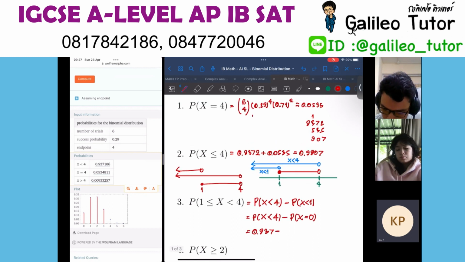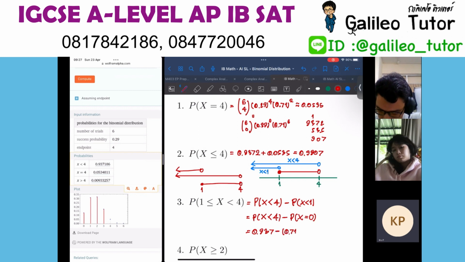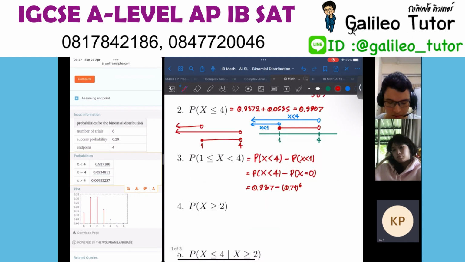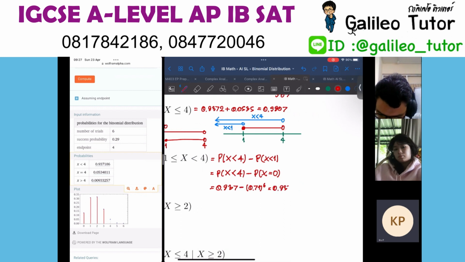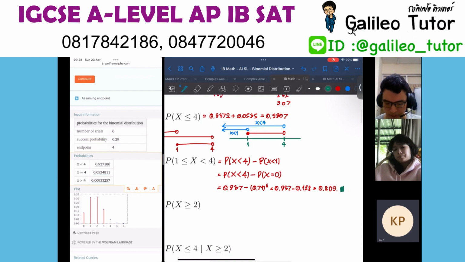If I calculate this myself, it's going to be 6 choose 0, times 0.29 raised to 0 and 0.71 raised to 6, which is 0.71 raised to the 6. If I use 3 digits, it's going to be 0.128. And you calculate this number, it's going to be 0.809.